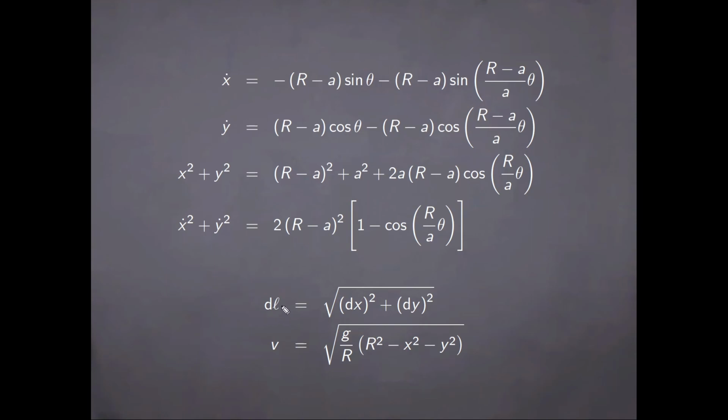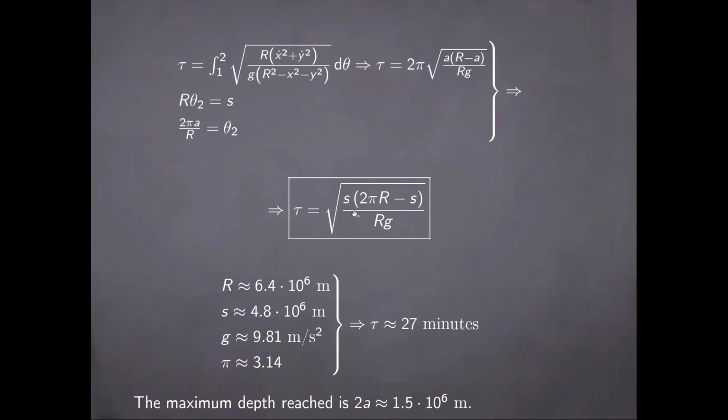Finally, we can write the length element and the velocity, both in Cartesian coordinates. And the reason why I do this is because it is then quite straightforward and trivial to calculate the integral in this way.